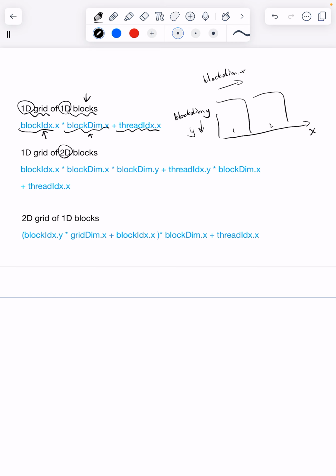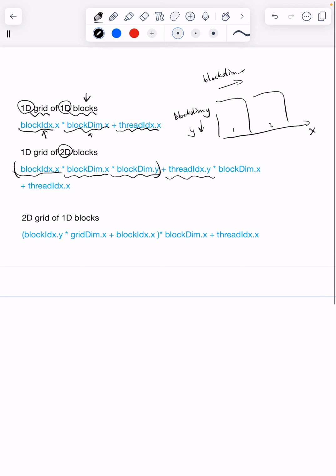A block dim basically means how many threads there are in this direction, and by multiplying these together, you get the total number of threads. So let's see the formula. Block index times block dim x times block dim y plus thread idx.